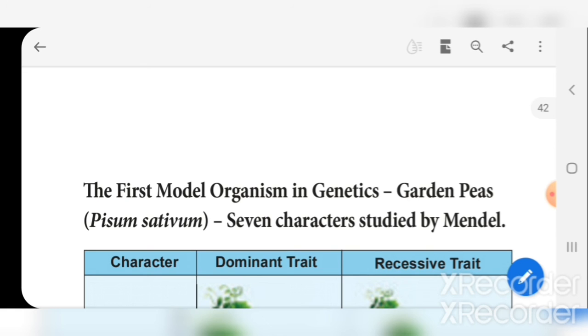It is otherwise known as the law of purity of gametes. And also we are going to elaborately deal with monohybrid cross. Finally, we are going to deal with Mendel's analytical and empirical approach.